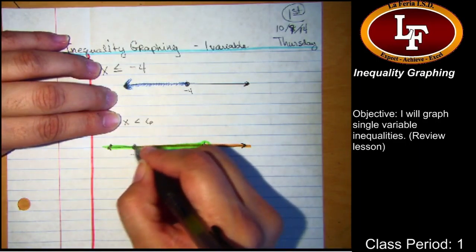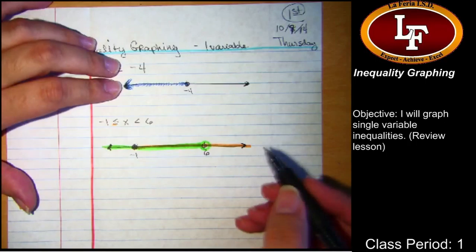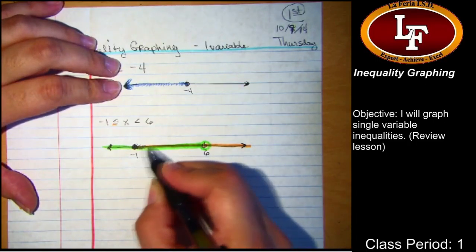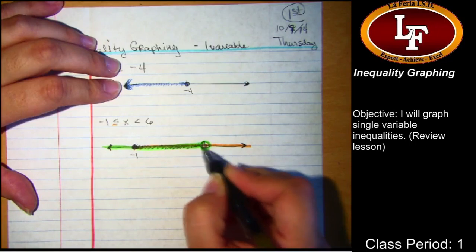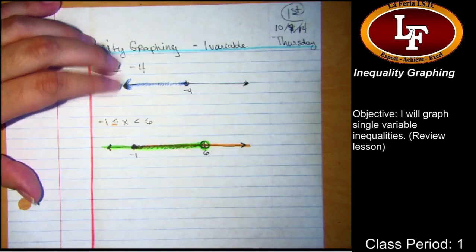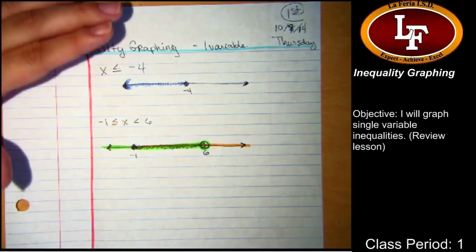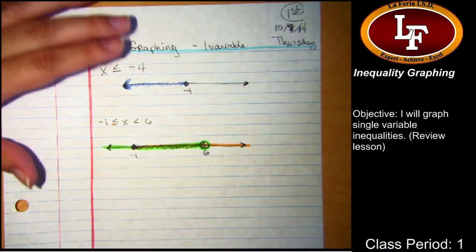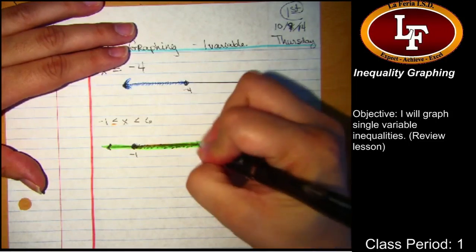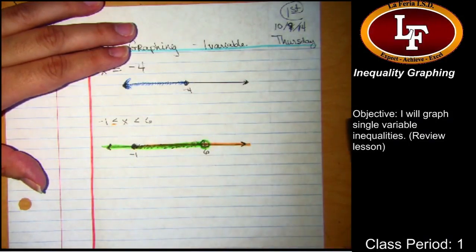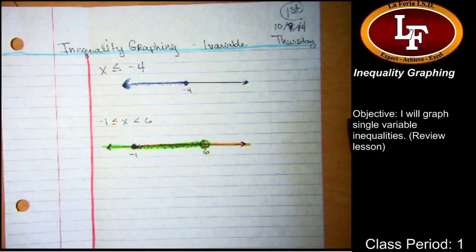It definitely happens over -1 and it's colored in. It goes all the way up toward 6, but it does not include 6. It's open. So the black squiggle part is the actual graph. The rest is just our work for it. Make sense? Makes sense.